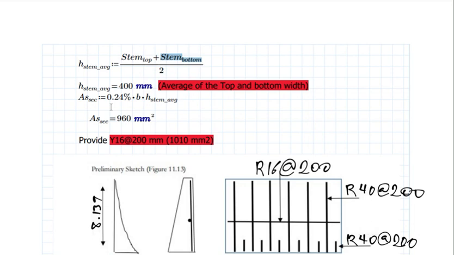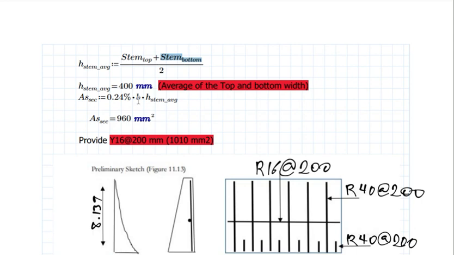So from the BS code, we are required to provide 0.24% of the cross-sectional area, which is b times the thickness, that's the area of the slab.